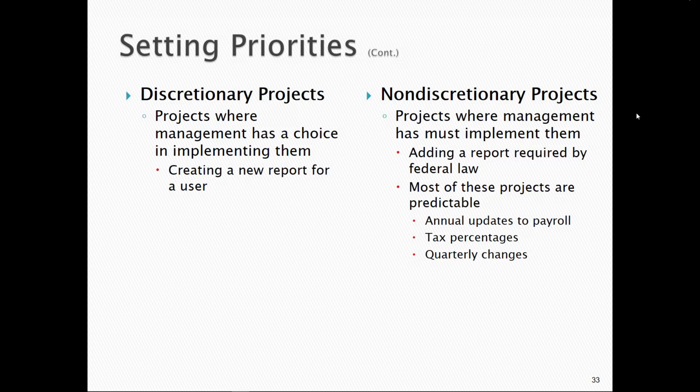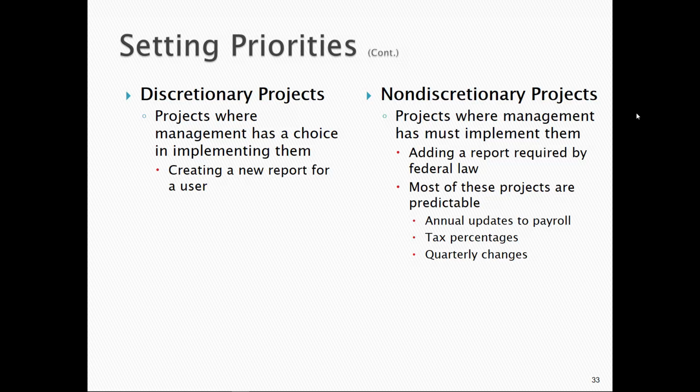So priority, discretionary projects. So these are projects where management has a choice. Discretionary means at our discretion. So we have a choice between projects A, B, C, D, E, and F, and which one we do. Create a new report for a user as an example. Well, yeah, we can do that today, or if we have time, we could do it next week.